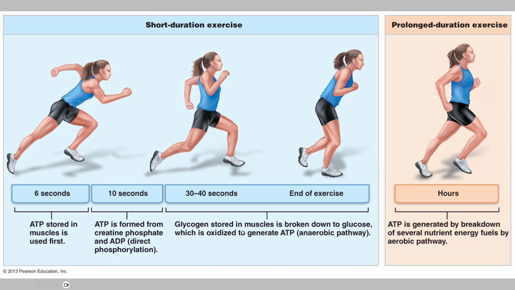After that, we're going to start to use the anaerobic pathway. We're going to go through glycolysis and build up lactic acid. But if we're going to do long duration exercise, if we're going to run long distances, here we are using that aerobic pathway. We're using cellular respiration.